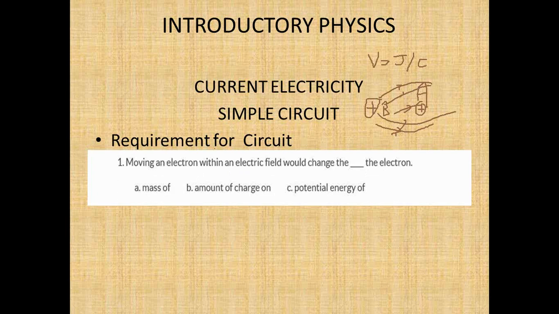And remember what we say, electric potential is the electric potential energy per unit charge. So when we move our electron within the electric field, all we're going to do is change the potential energy. The mass of the electron is going to remain the same. The amount of charge is going to remain the same.